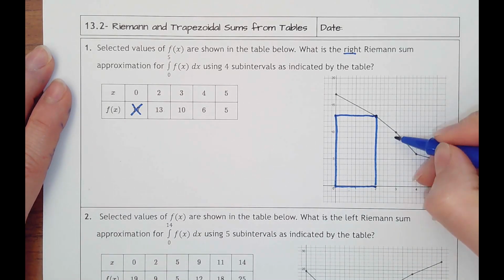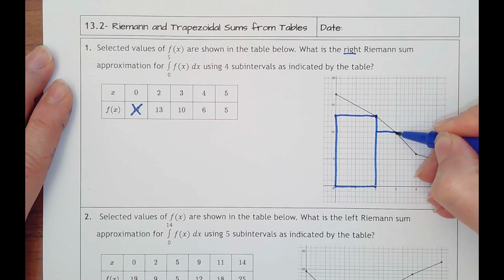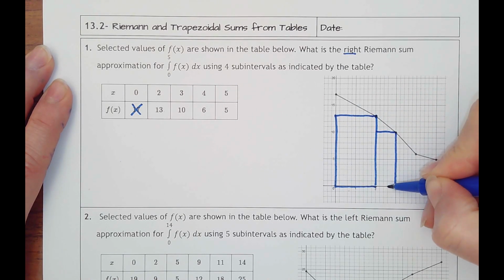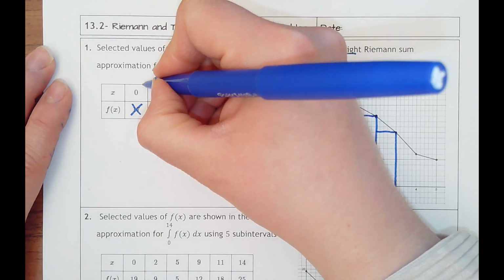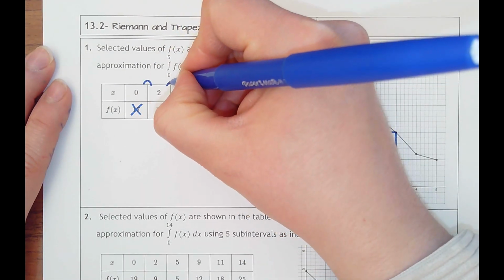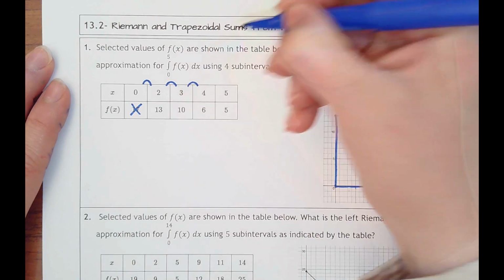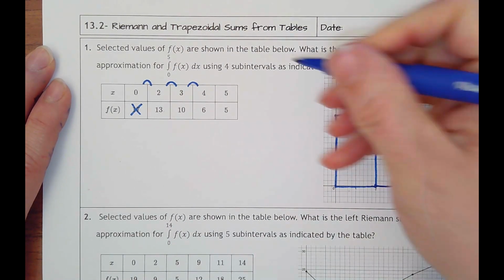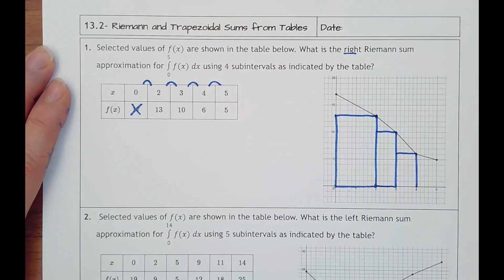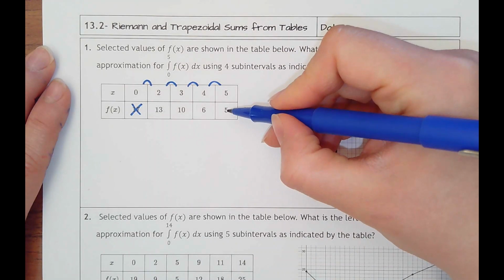The next one would have a height of the right-hand point, which is 10. Then 3 to 4 is another subinterval with the height at 4, which is 6. The last subinterval is between 4 and 5, with the right-hand height, which is 5.